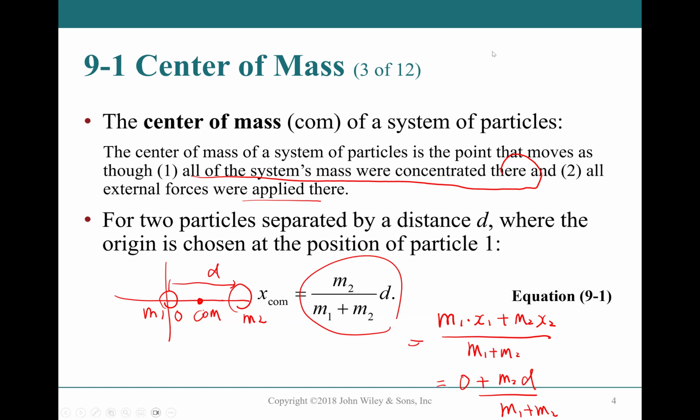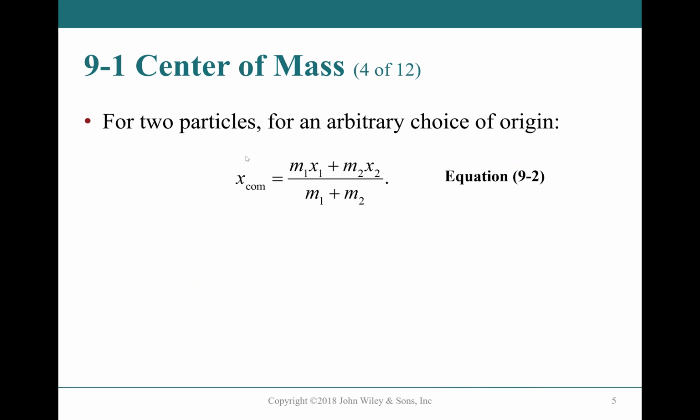For a very general calculation, let's say we have particles M1 here, M2 here, and M3 here, and keep on going. This one gives you the coordinate x1, this one the coordinate x2, and then of course x3, and keep on going. How do we calculate the center of mass?